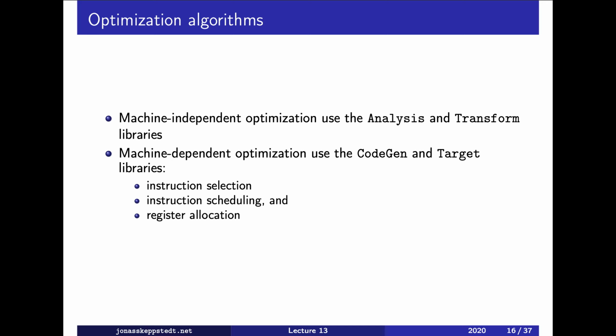Otherwise we cannot produce a suitable stack frame and size of a struct, etc. So it's not crystal clear which part is machine dependent and which is not. We use information about the target machine even in the front end.